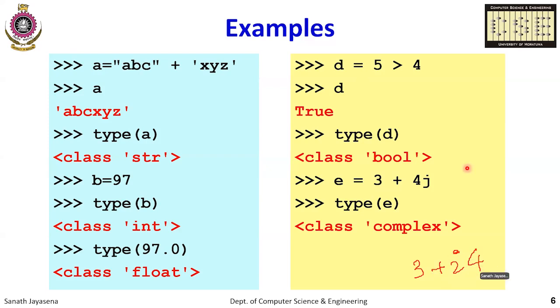So 3 is the real part, 4 is the imaginary part, and I indicates the square root of -1. In Python, the square root of -1 is J, and it comes after the imaginary part. In this case, 4 is the value of the imaginary part. That's how complex numbers are represented.